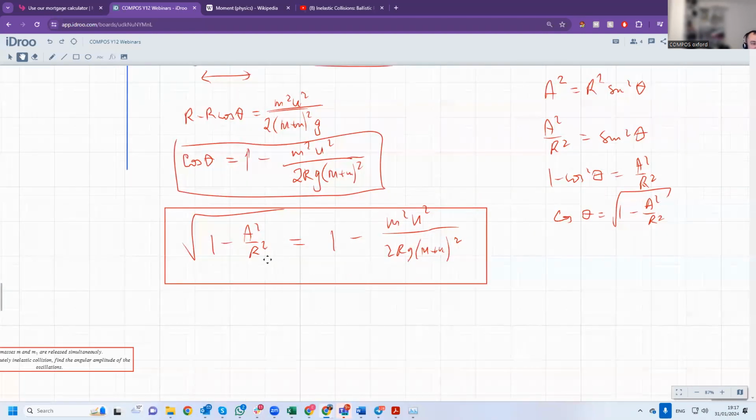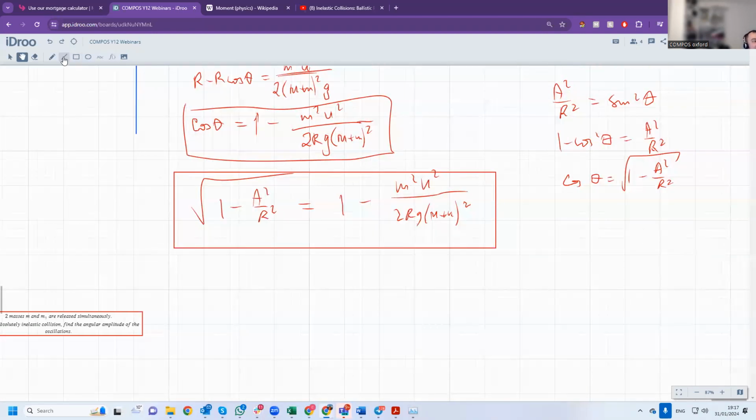Okay, so my point is, you can work out u from this equation, and it's not particularly hard. It's going to be m squared u squared over 2rg(m plus m squared) equals 1 minus the square root of 1 minus a squared over r squared.